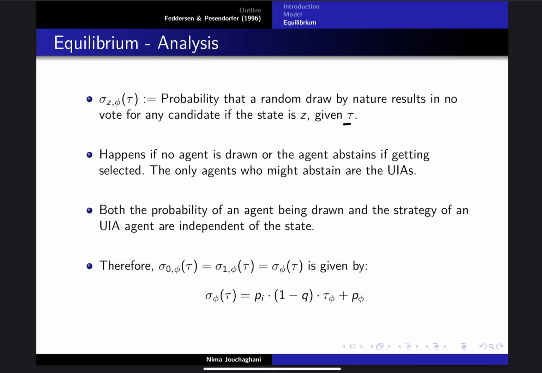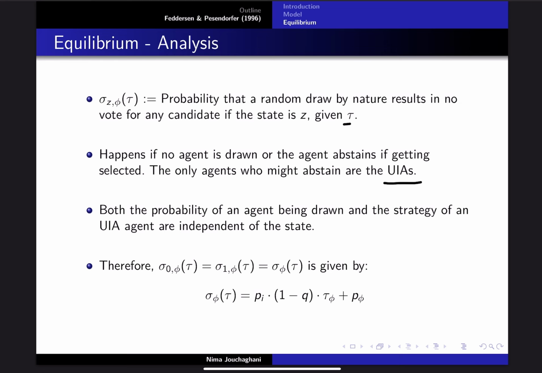And the only agents who might abstain are the uninformed independent agents, because the partisans will always vote, conditional on being selected, of course, and also the informed independent agents will always vote. So they will not abstain from voting.